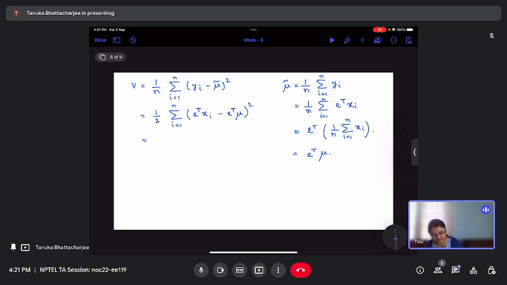So you can write this as E transpose, taking common, xi minus mu into xi minus mu transpose E. I am basically writing x square as x into x transpose. This is because x is a scalar quantity, that is why we can write it this way. So we are writing E transpose xi minus mu into xi minus mu transpose E, which is equivalent to the square quantity.